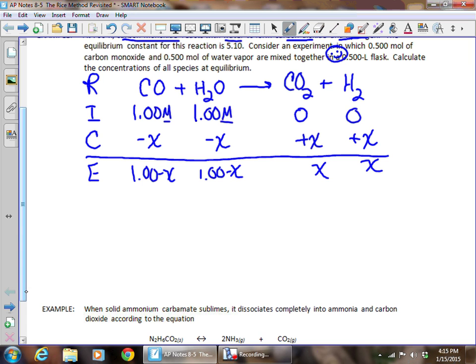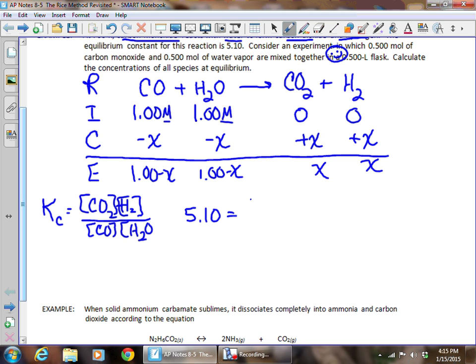We know that Kc is going to be equal to CO2 times H2 over CO times H2O. We already established that Kc was 5.10, and both our CO2 and H2 are x, and both our CO and H2O are 1.00 minus x.